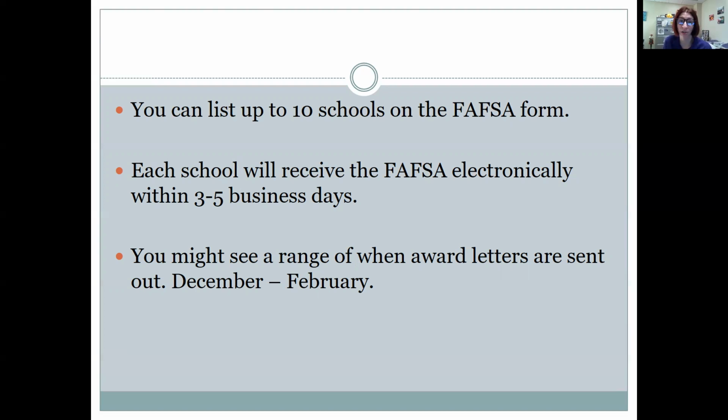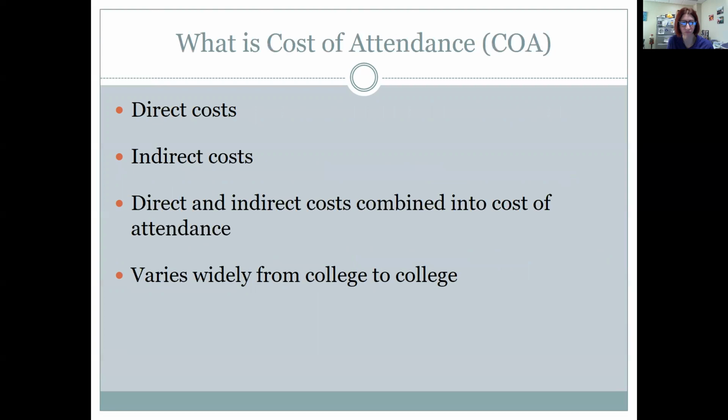It could be anywhere from this month already, December, all the way through February, March, or April, depending upon the school you're applying to. Each school is different. So if you are wondering where you are in the process, don't hesitate to reach out to the school and see what their timeline is, or if they're missing any information.